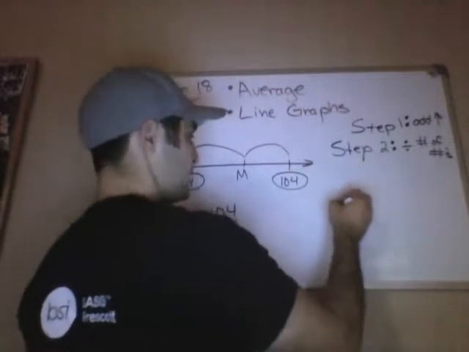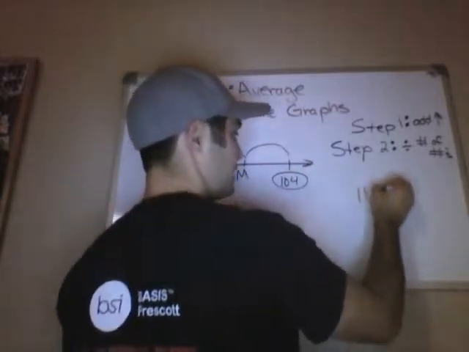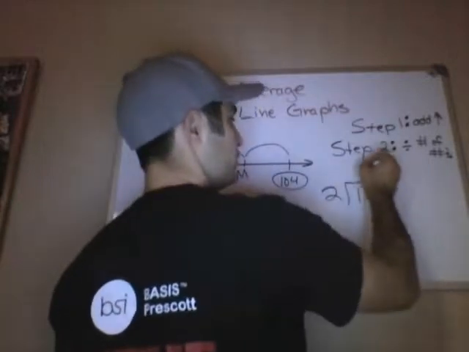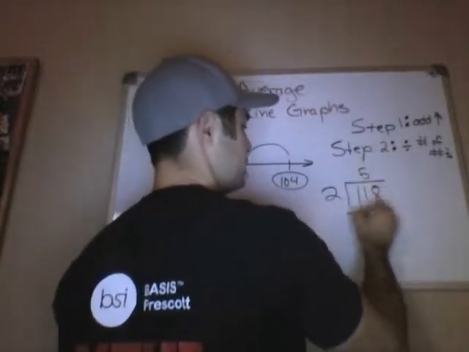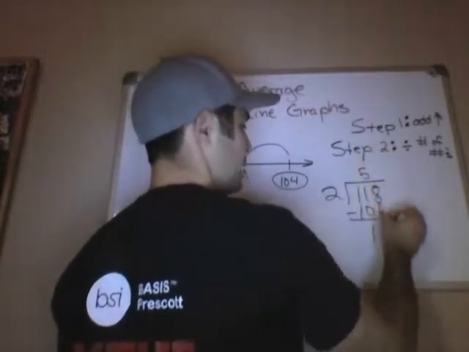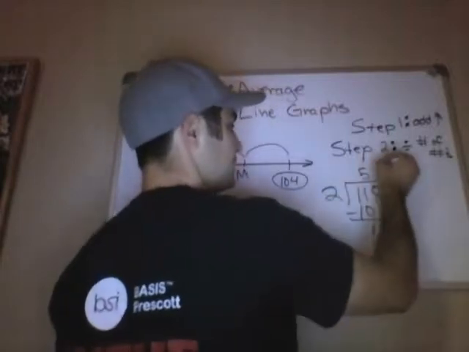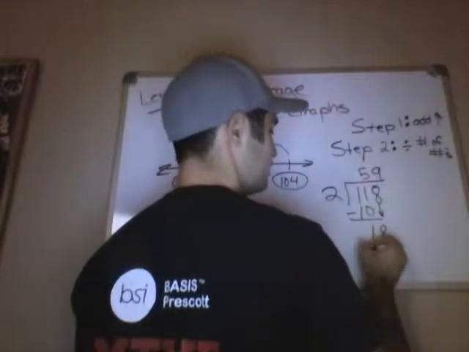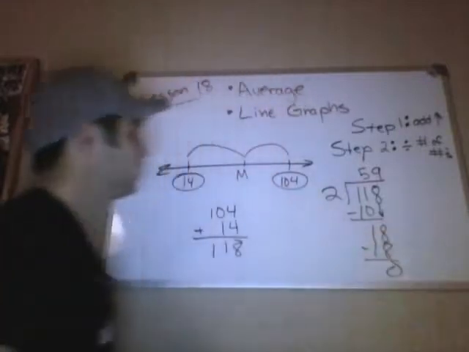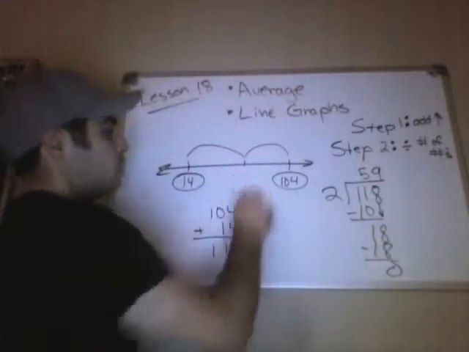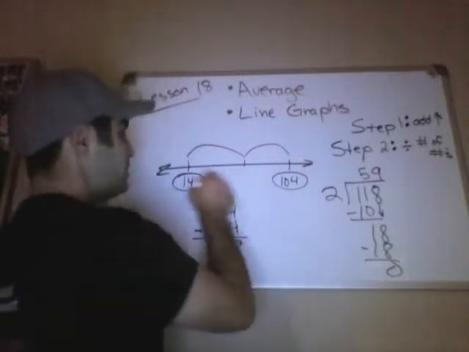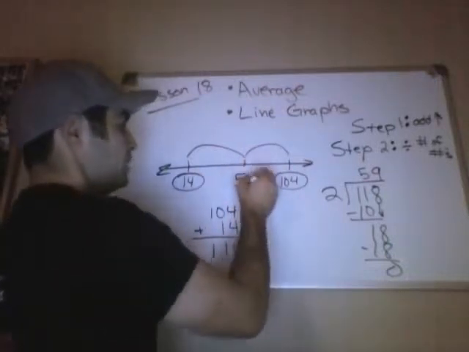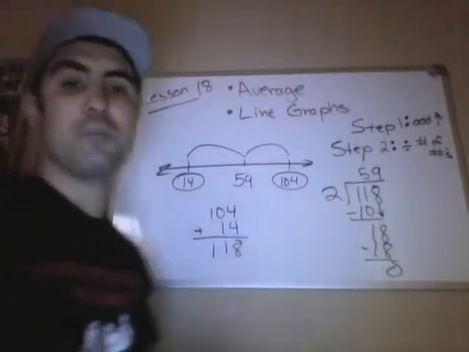So that would be 118 divided by 2. 2 will go into 11 5 times. 10, subtract 1, bring down your 8. 2 will go into 18 9 times. 9 times 2 is 18. Okay, so we know the midway, or halfway in between 14 and 104, would be 59. So that would be your average or your midway point.